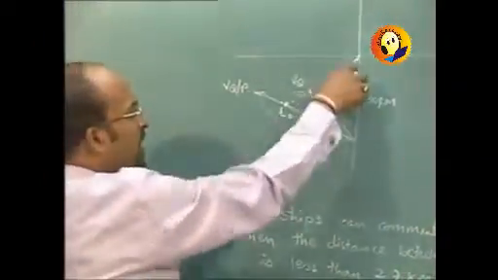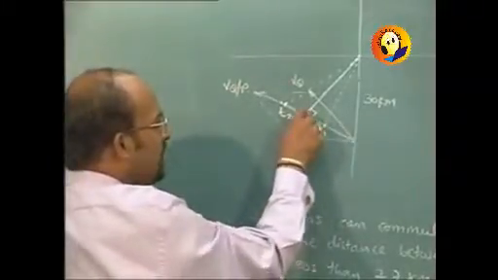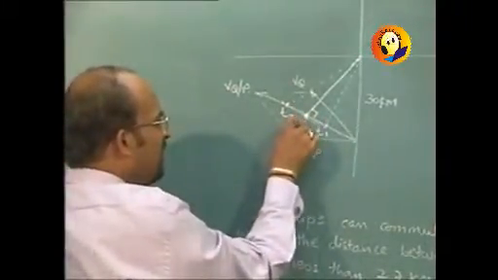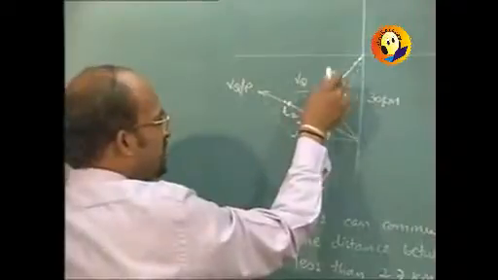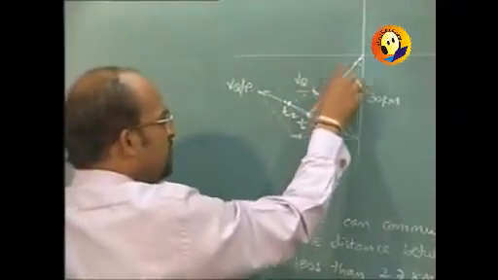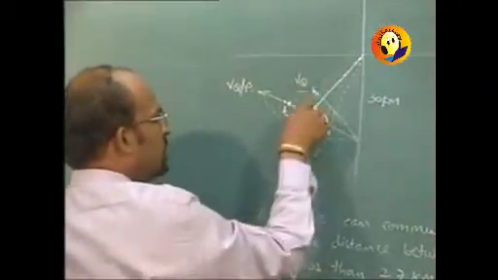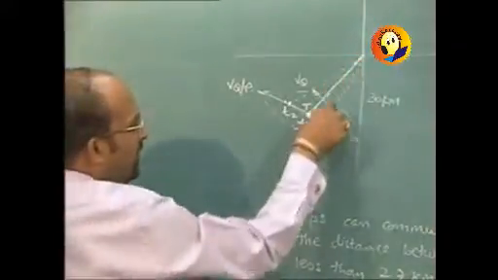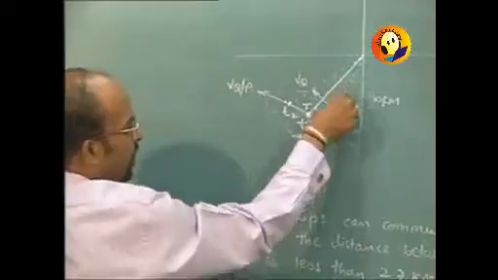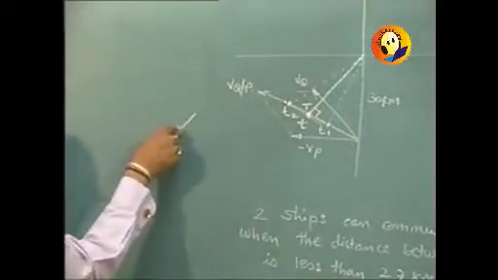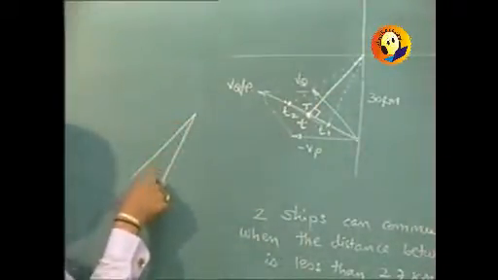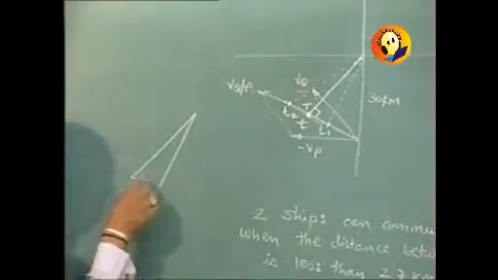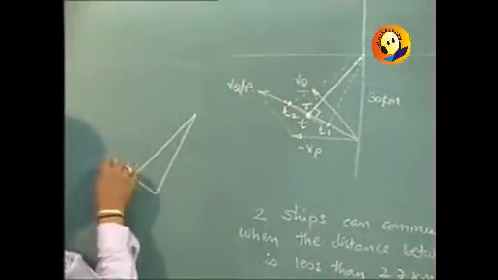And if the perpendicular distance is 27 kilometers, then we have already calculated this time t, and we know the shortest distance. Let us call that shortest distance PT. Now with respect to PT, taking this as hypotenuse, we can construct a triangle like this on one side and the same triangle on the opposite side.